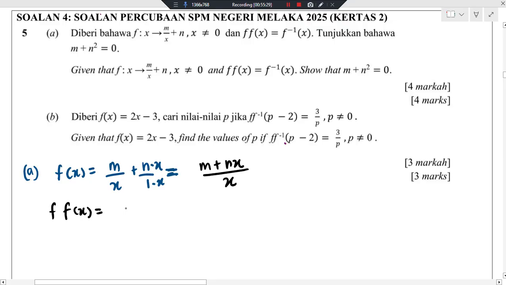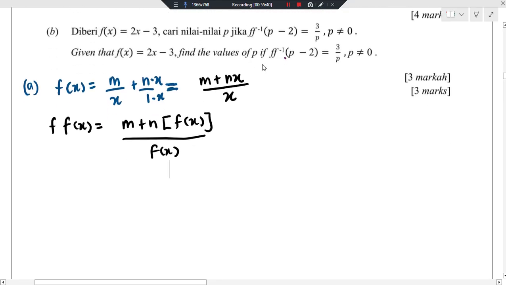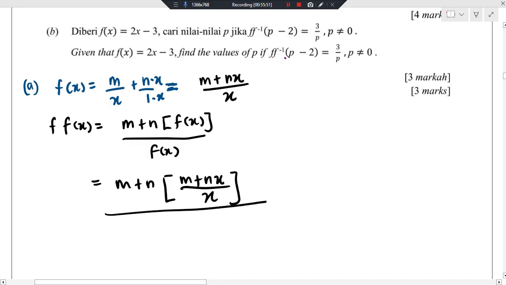M plus Nx. Mulalah. Okay. M plus Nx over over X. You all understand what I did? Why doing here? Okay, this is actually our Fx. Saya ganti je lah. Don't worry. Let's see what we get here.